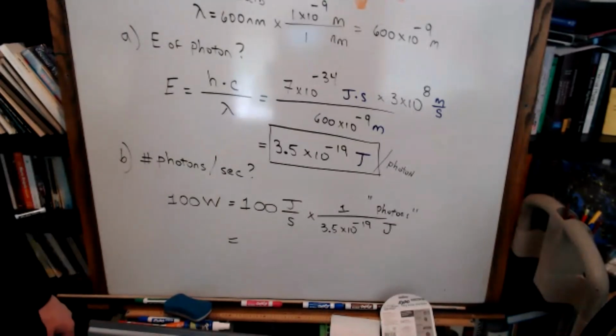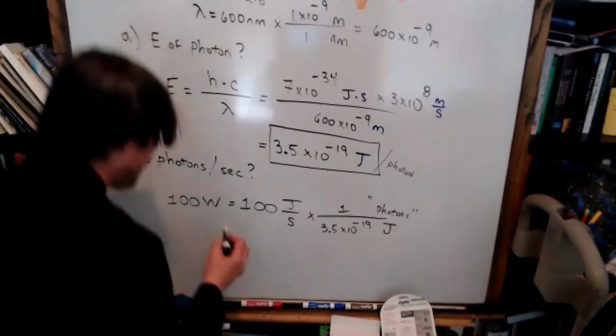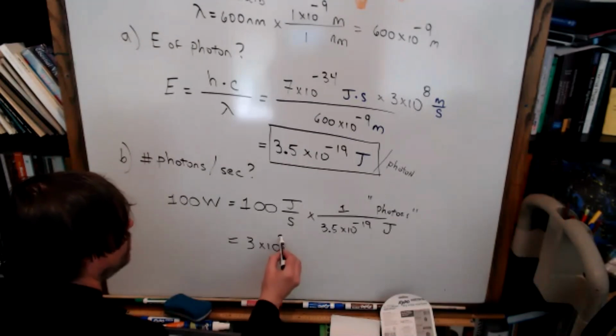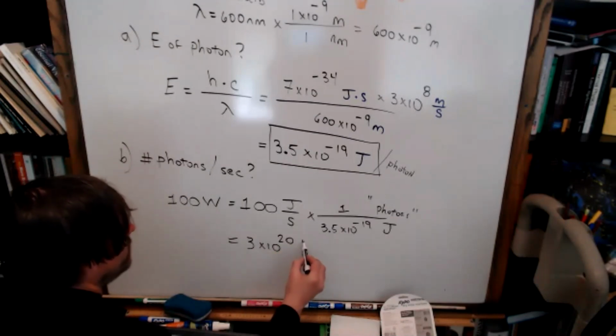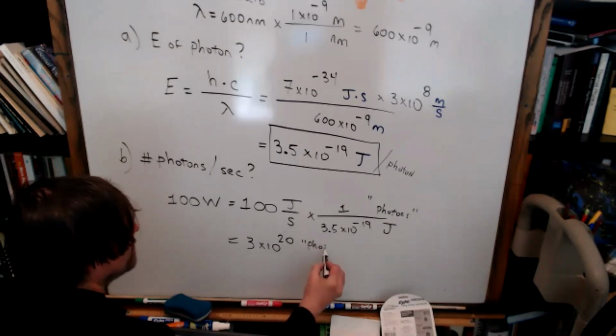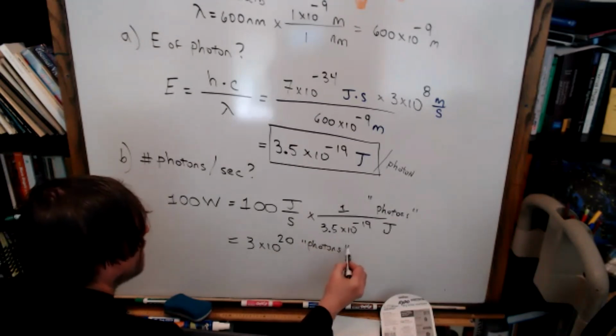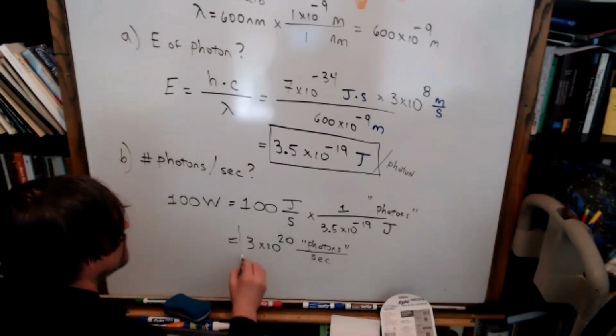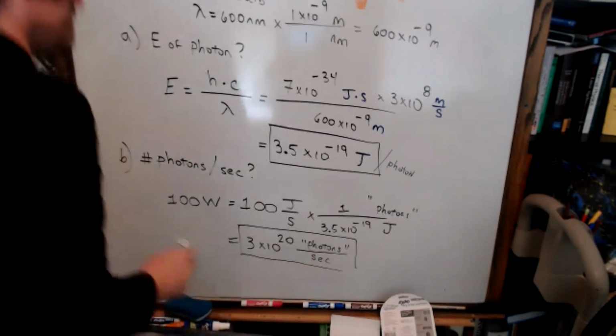It would be 2.9 times 10 to the 20th. Yeah, I'm just going to round it boldly to 3 times 10 to the 20th. And my units are photons per second. That's a crazy big number of photons leaving your light bulb. That's a 3 followed by 20 zeros.